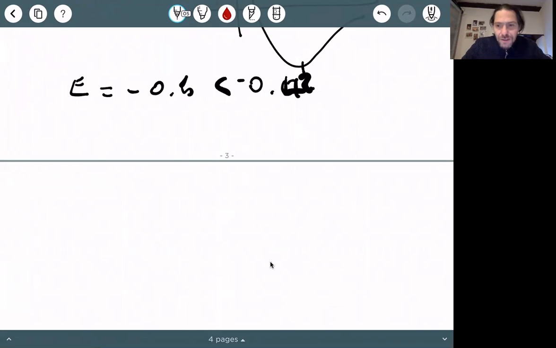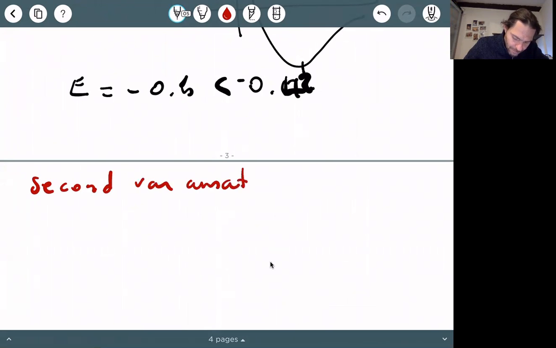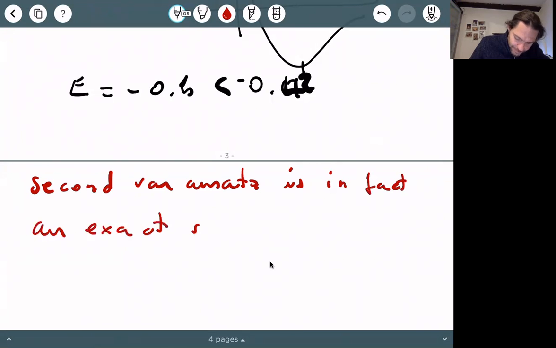Actually, if you plug this function into the radial Schrödinger equation, you discover that the second variational ansatz is in fact an exact solution. What do I mean?